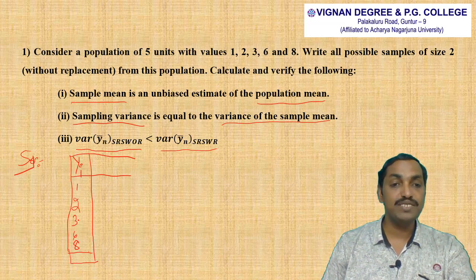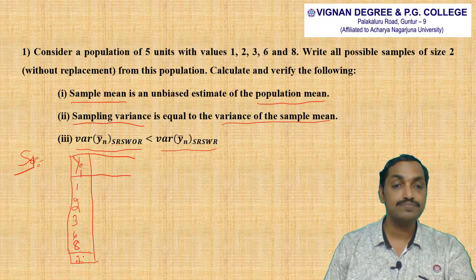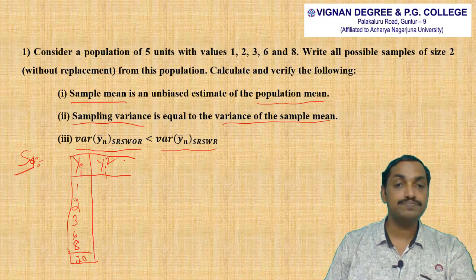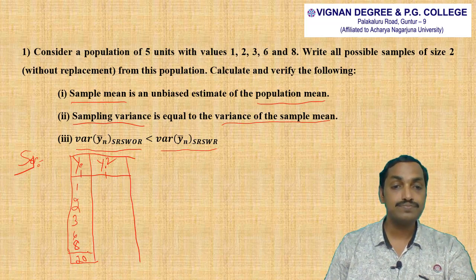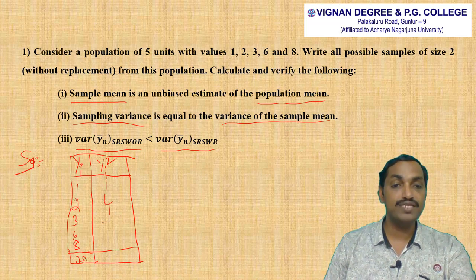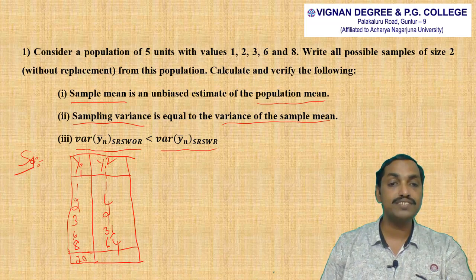One plus 2 is 3, 3 plus 3 is 6, 6 plus 6 is 12, 12 plus 8 is 20. And similarly, now calculate yi square values. So 1 square is 1, 2 square is 4, 3 square is 9, 6 square is 36, 8 square is 64. Now calculate the total of all these 5 yi square values. 1 plus 4, 5, 5 plus 9, 14, 14 plus 36, 50, 50 plus 64, 114.